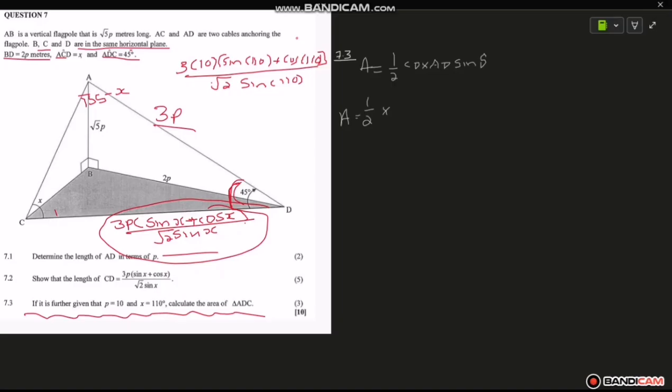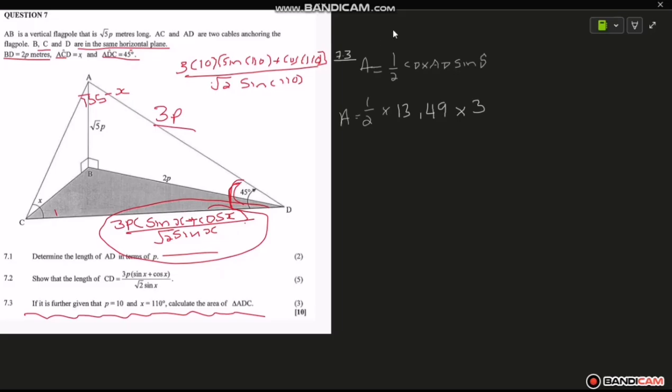Okay, so let me use my calculator. 3 times 10, open bracket, sine 110 plus cos 110, close bracket, over square root 2 sine 110. This calculator is giving me problems. Let me try it again. Okay, I got 13.49.